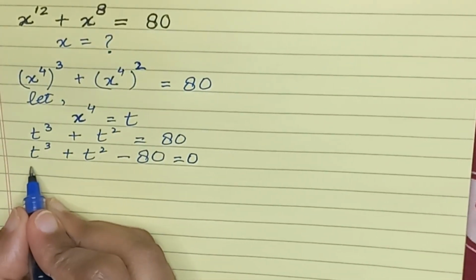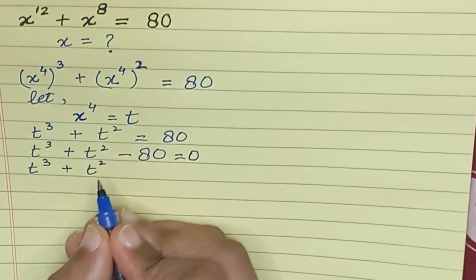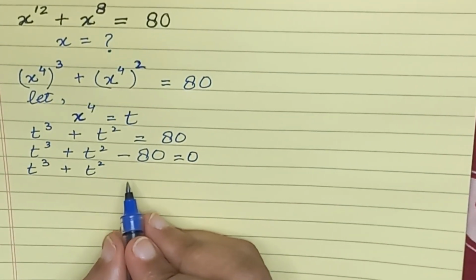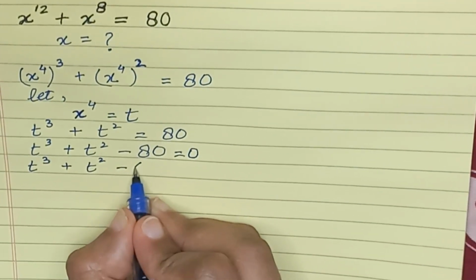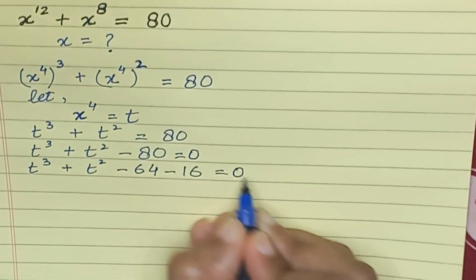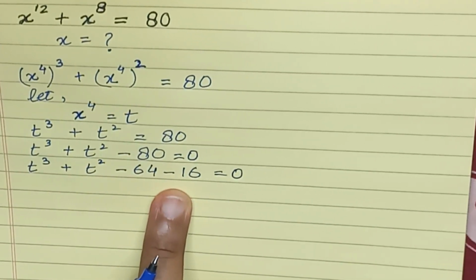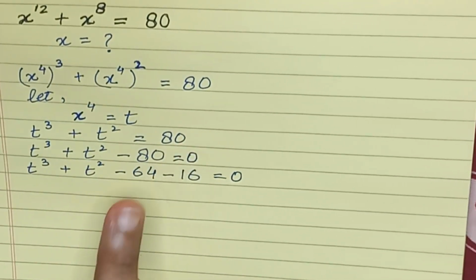Now it can be written as t cube plus t square, and negative 80 can be written as negative 64 and negative 16, which is equal to 0. Negative 64 and negative 16 is the same as negative 80.